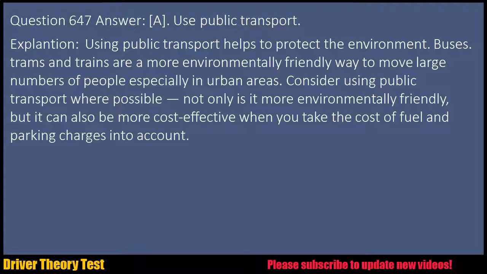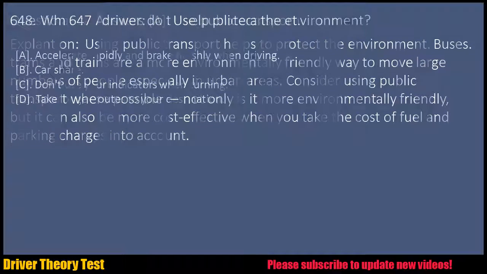Answer: A. Use public transport. Explanation: Using public transport helps to protect the environment. Buses, trams and trains are a more environmentally friendly way to move large numbers of people, especially in urban areas. Consider using public transport where possible. Not only is it more environmentally friendly, but it can also be more cost-effective when you take the cost of fuel and parking charges into account.